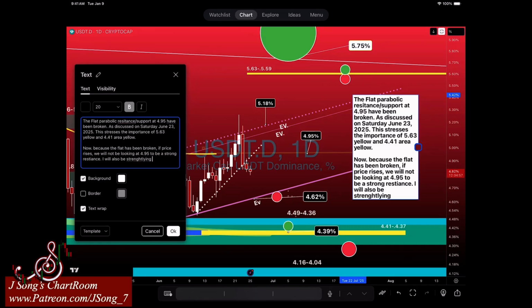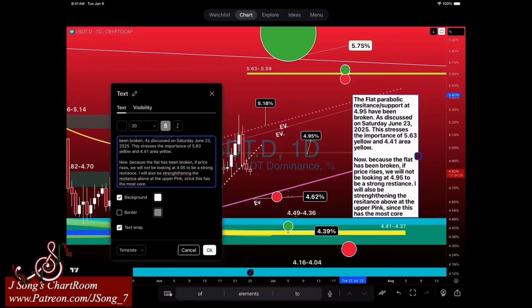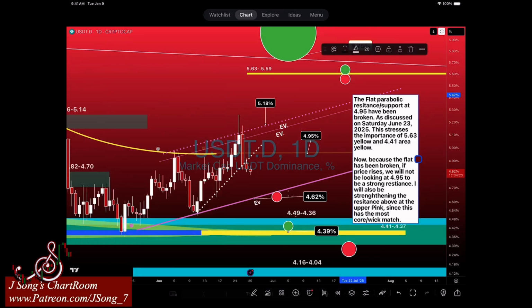We will also be strengthening the resistance above at the upper pink, since this has the most core/wick match. Okay. That one where the core and the wick is matching this angle.